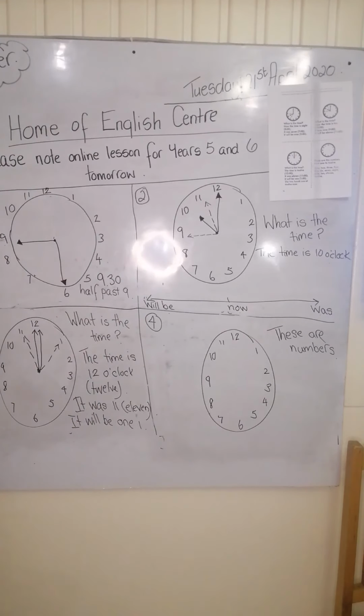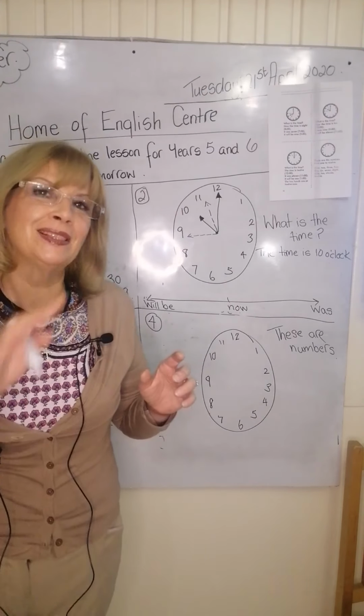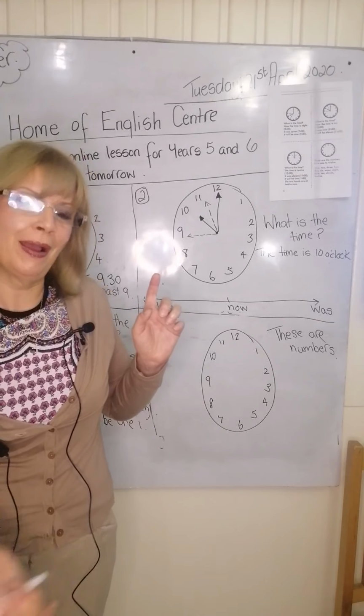Okay, why 9:30? The clock has gone half the way around. Okay, so it has gone from 12 to 6. 6 is half of 12. So we know it has gone half the way around.